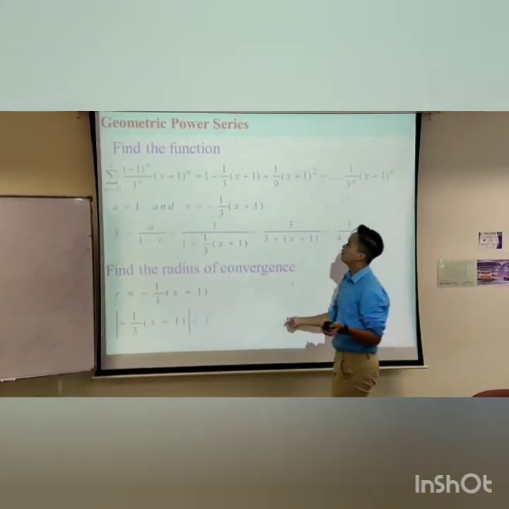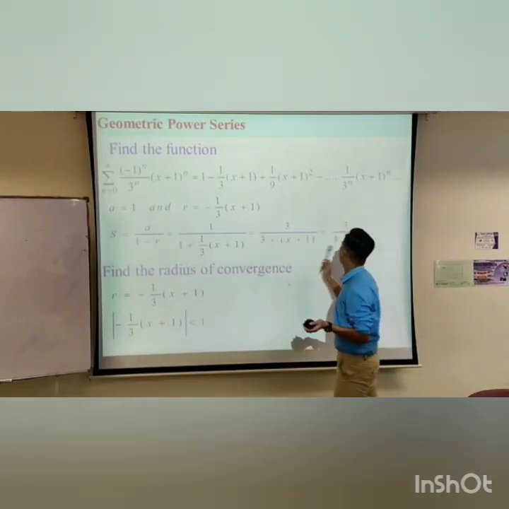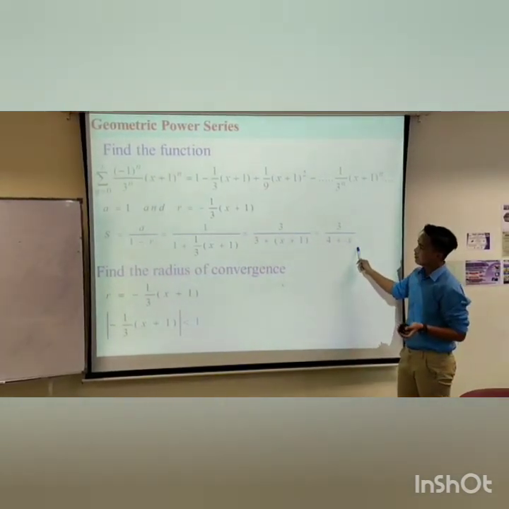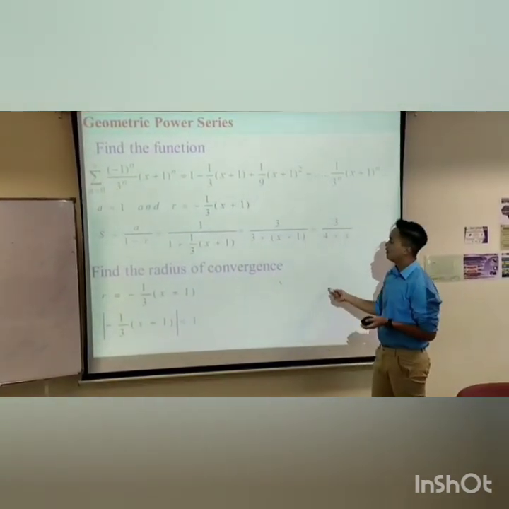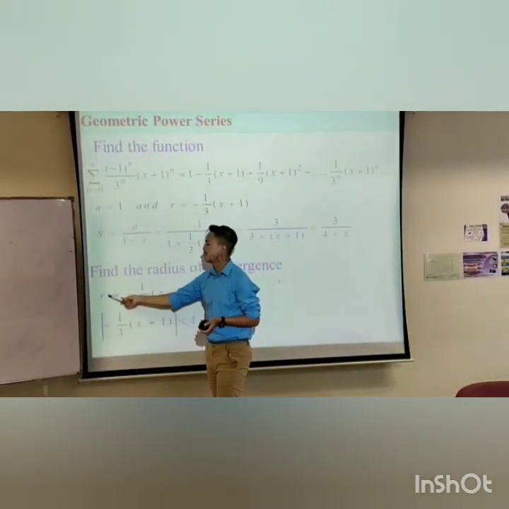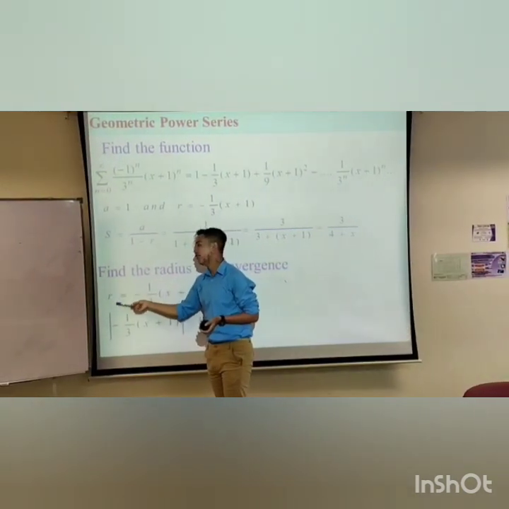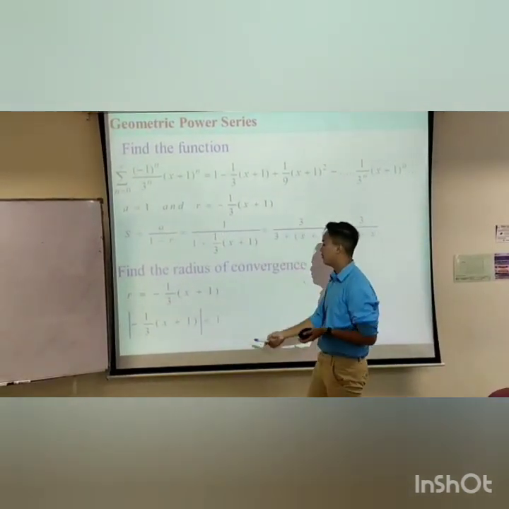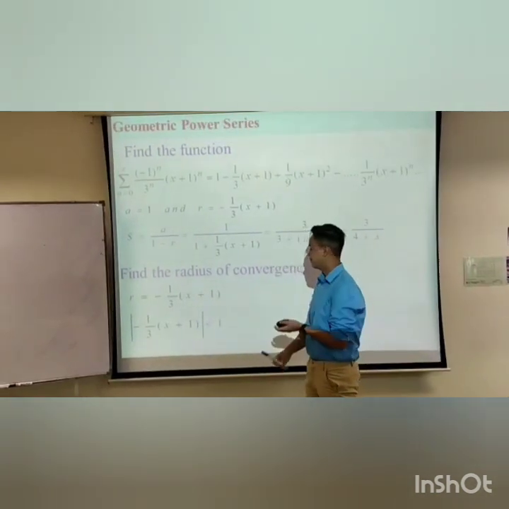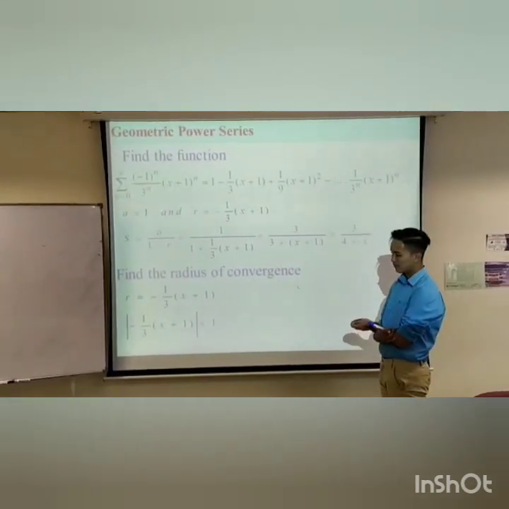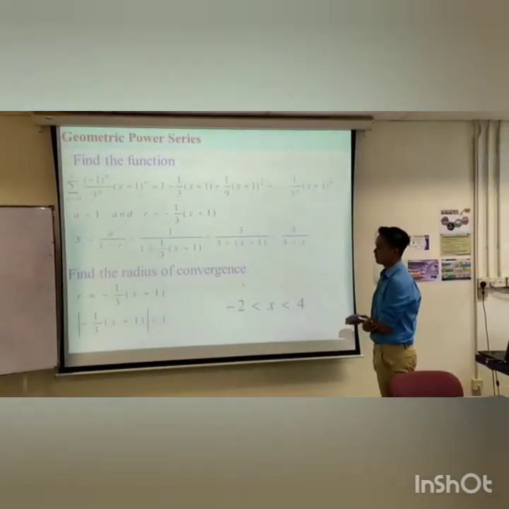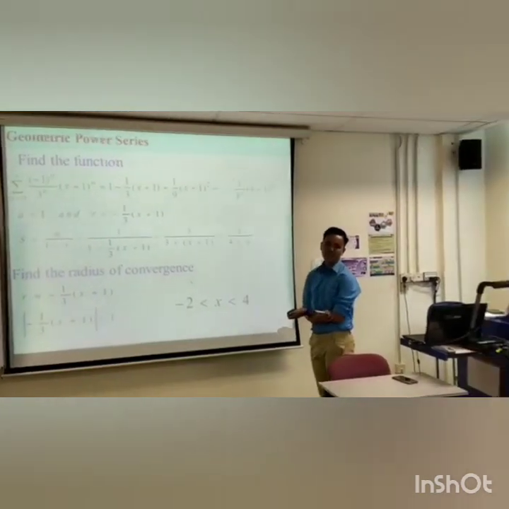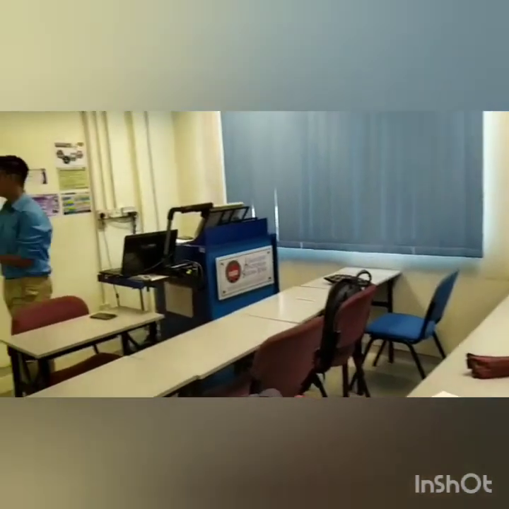And then you sub into this formula to get this. Okay? So find the radius of convergence, whereby you use r as the unknown you search for, and then it will become like this. Any question regarding this? No.